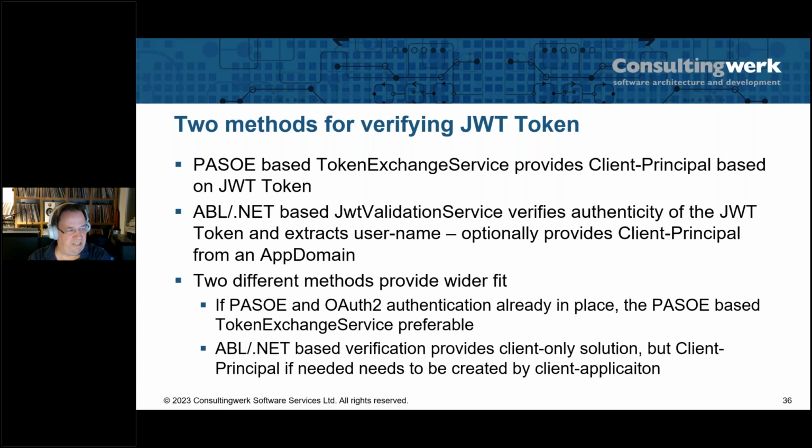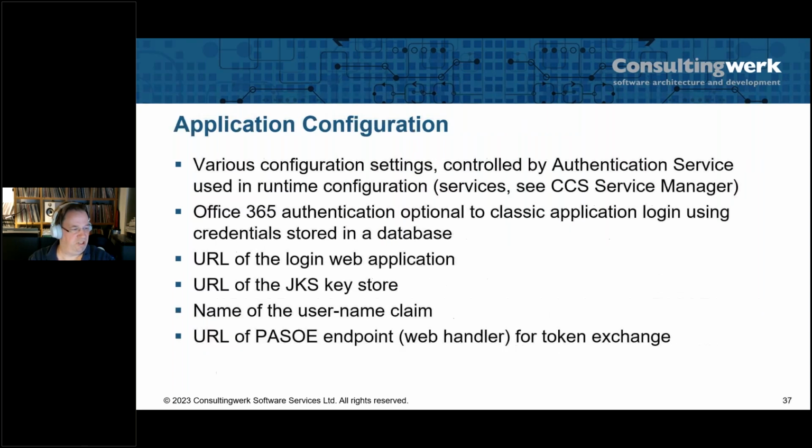And with the ABL .NET-based verification of the JWT token, we also have a fit for those applications which are just ABL client-based. In the latter case, we actually create a client principal ourselves based on the information taken from the token. If your application needs it, maybe for auditing purposes, then we would do it. Otherwise, we might not need a client principal.